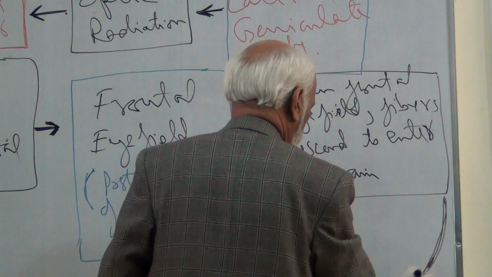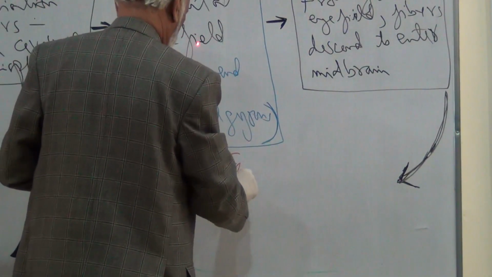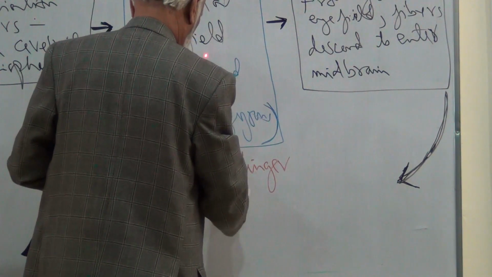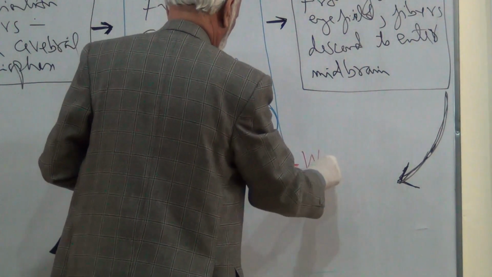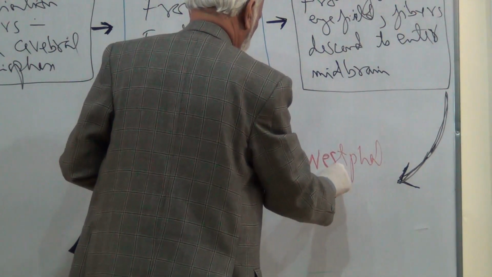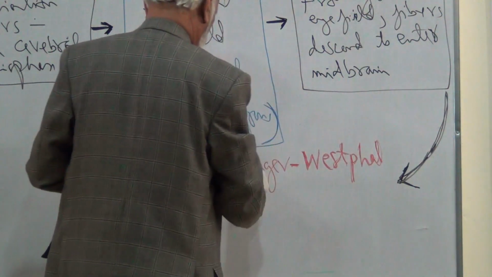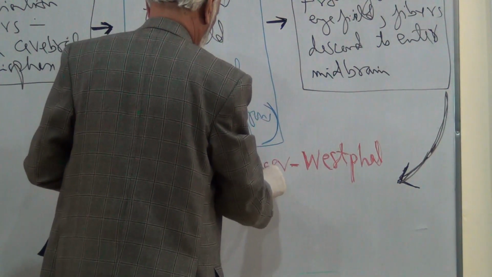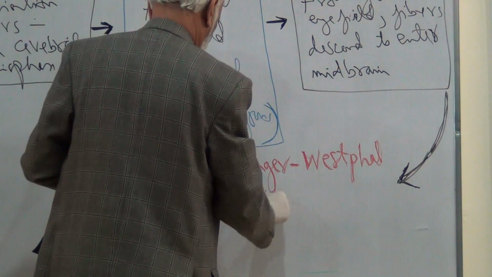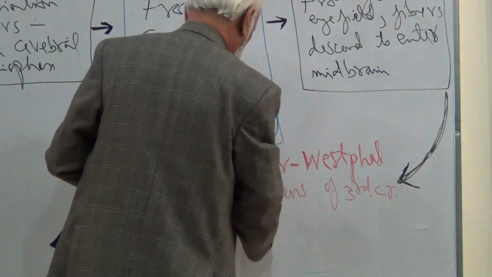In the midbrain, these fibers relay in the Edinger-Westphal nucleus of the oculomotor nerve, the parasympathetic part of the oculomotor nerve in the midbrain at the level of the superior colliculus, the third cranial nerve.